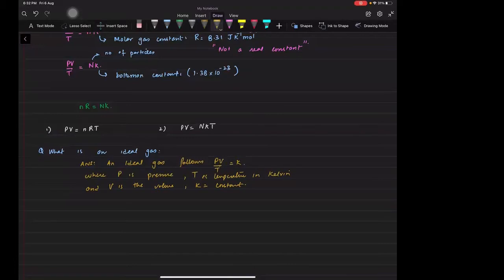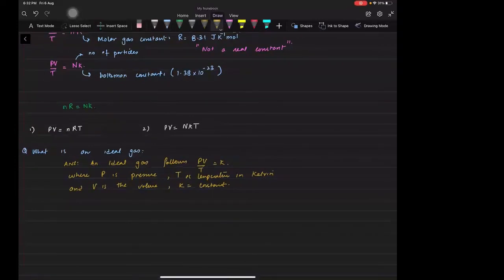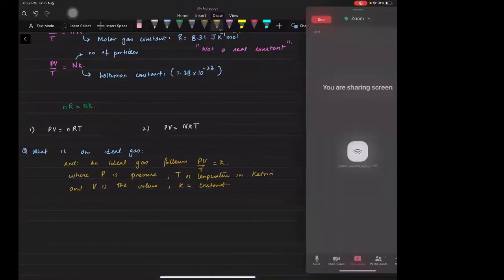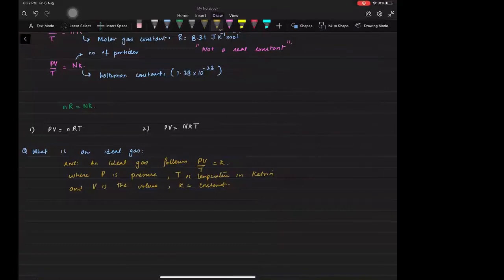First लिखना, first mark is for writing ideal gas follows the equation PV over T equals K, and the other mark is to explain the symbols. If you do not explain the symbols, you're done. So ये T? लिख लो शाबाश. T is the temperature in Kelvin. No, sir.